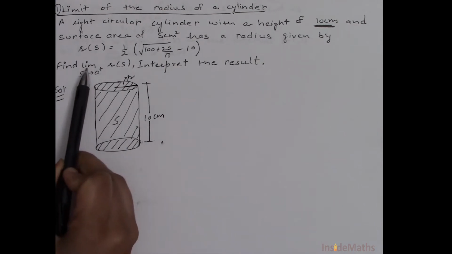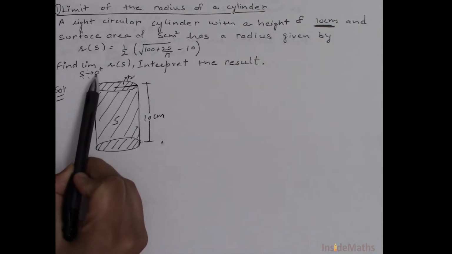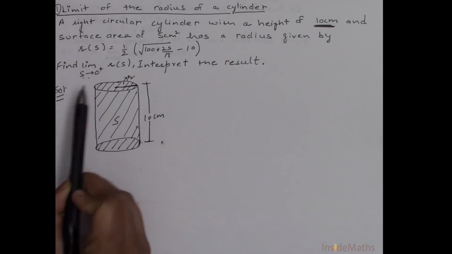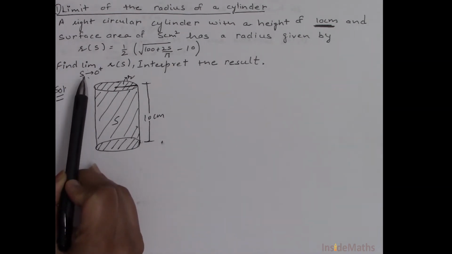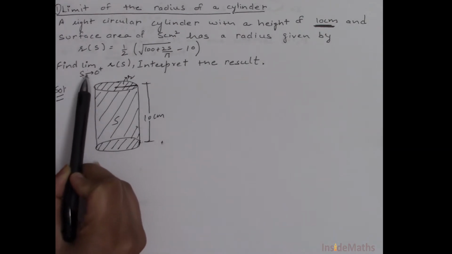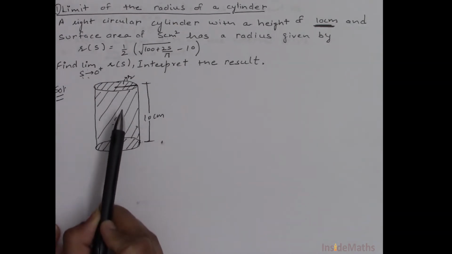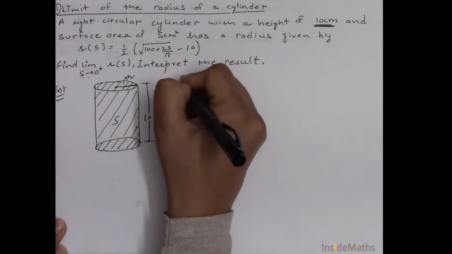Now here we have to find the limit where s is approaching to 0 positive. Now the surface area cannot be negative, and here the limit s is approaching to 0. That means the surface area is getting very small.